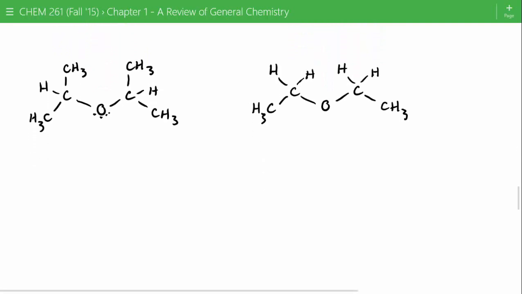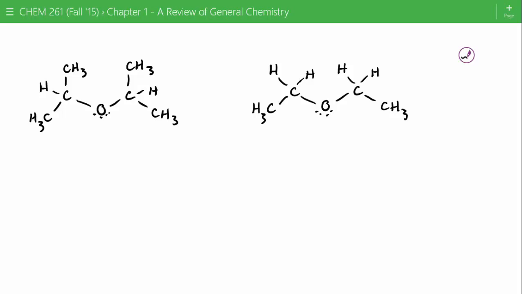Let me draw in the lone pairs too. What's going to be the primary intermolecular force for these?